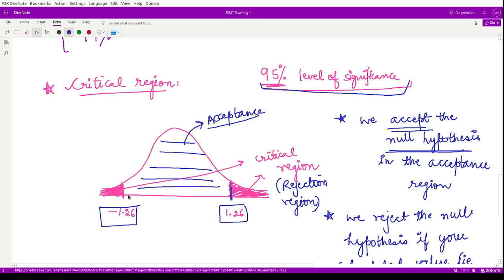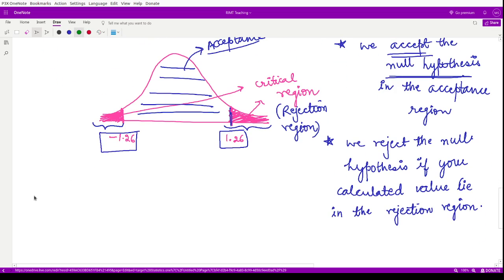Now in this diagram, you may see these two regions. Because we have two regions, this is known as a two-tail test. Now what is a two-tail test?